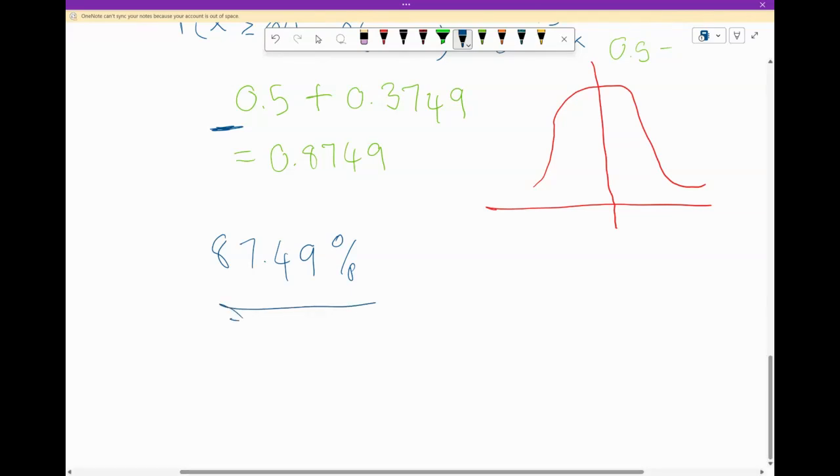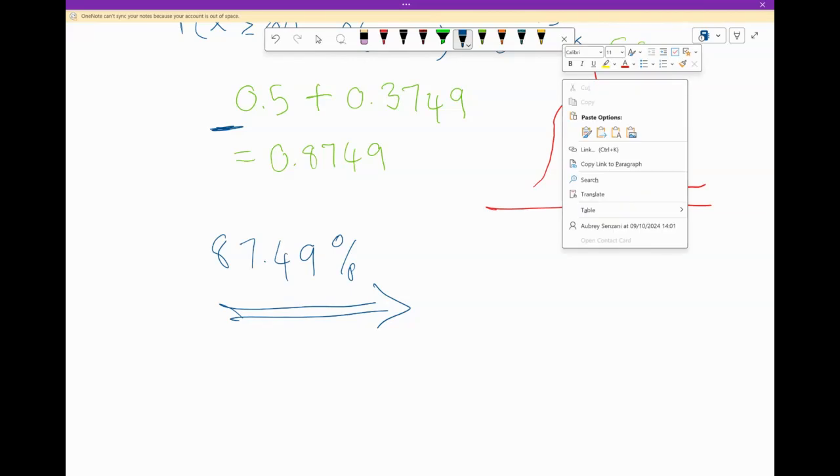We need to interpret. The question says, what is the probability that at least 20% of the 100 South Africans are interested in buying a Porsche? Okay? So at least 20% of the 100 guys, what is the probability that they are interested in buying a Porsche?